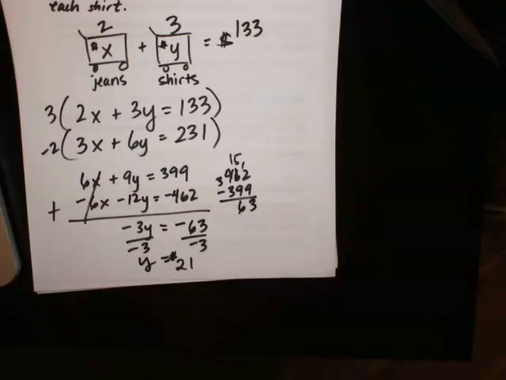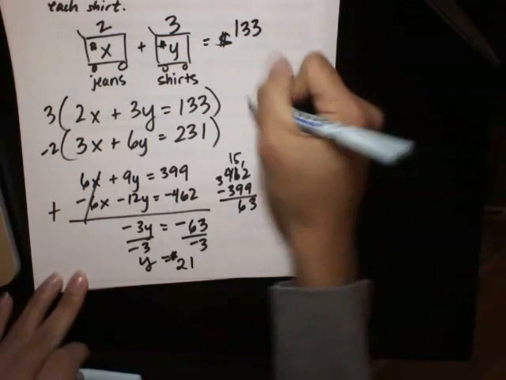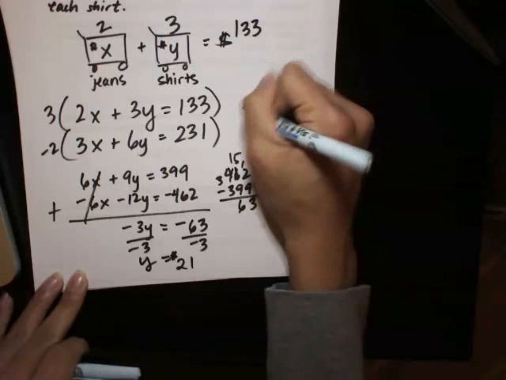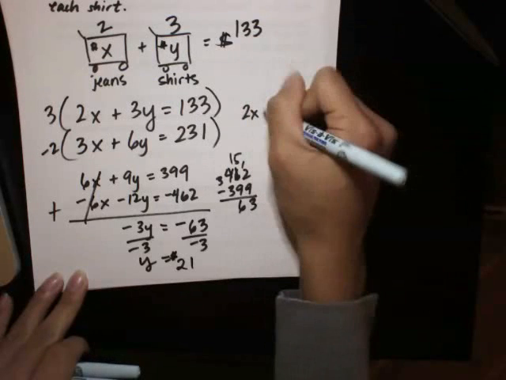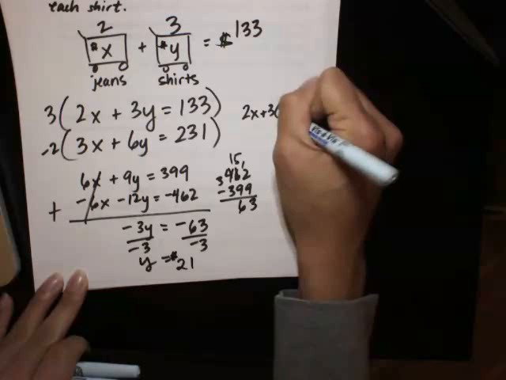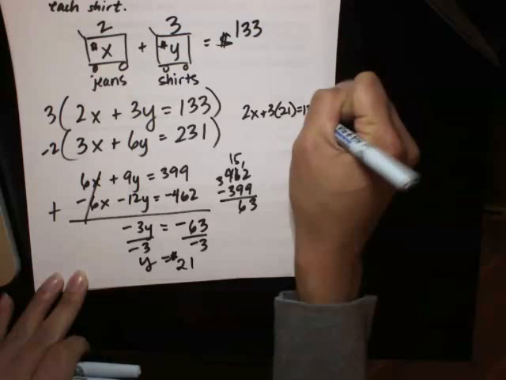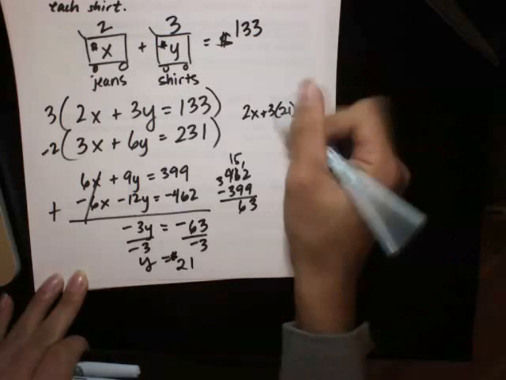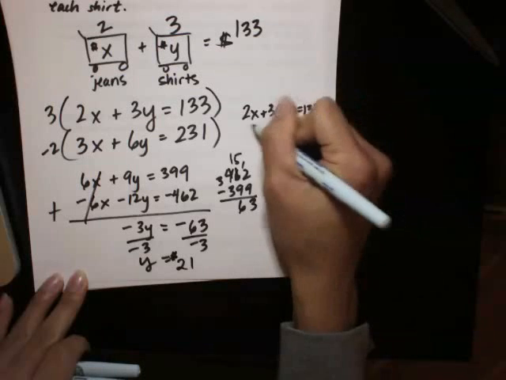Okay, now that I have y, I can substitute in for the original equation. So I'll pick the first equation. 2x plus 3 times 21 equal to 133. 3 times 21, we know 63.